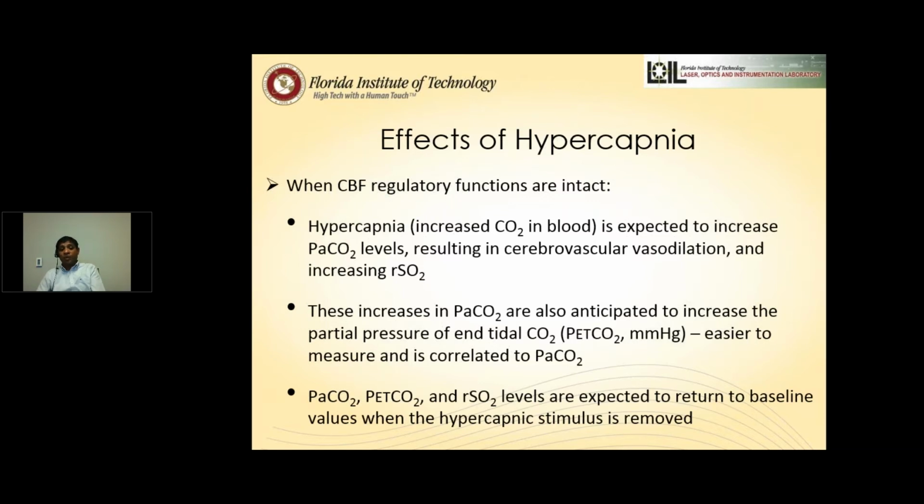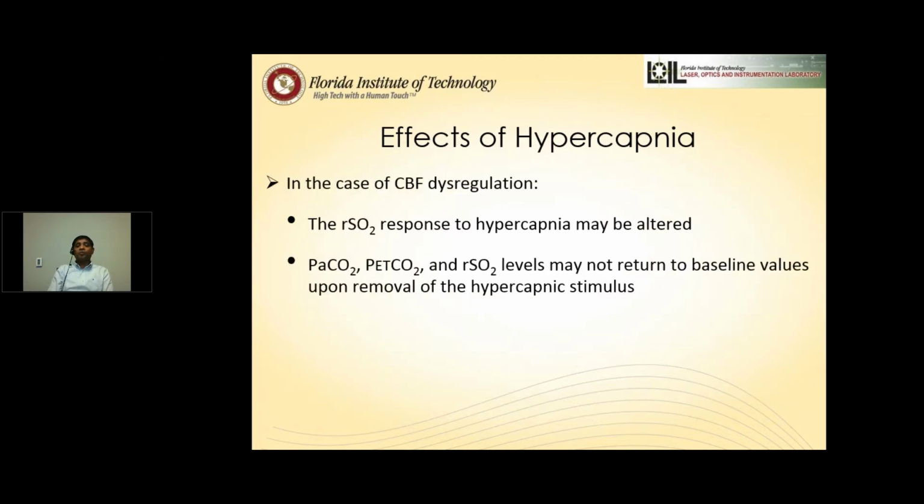If you can increase the CO2 level, that's going to increase your PCO2 level, and that will result in vasodilation and an increase in your rSO2 level. So we can then correlate these functions to the rSO2 level. So partial pressure of CO2 is a critical parameter which you want to measure, because then I can correlate these measurements to the regional oxygen saturation values, the rSO2 value, which NIRS will measure for us.